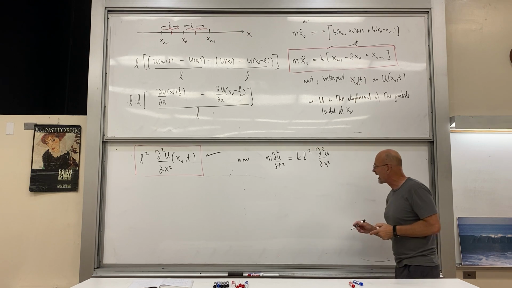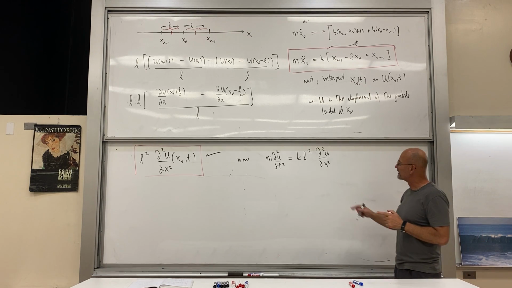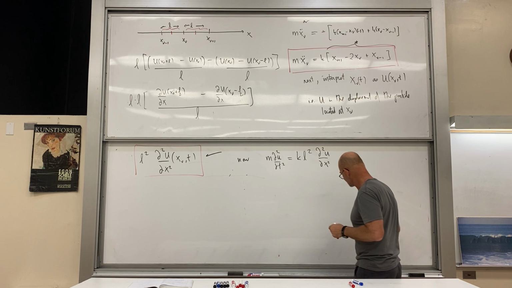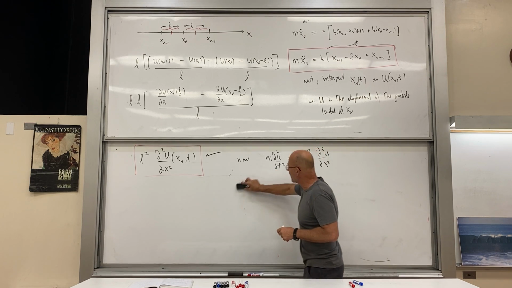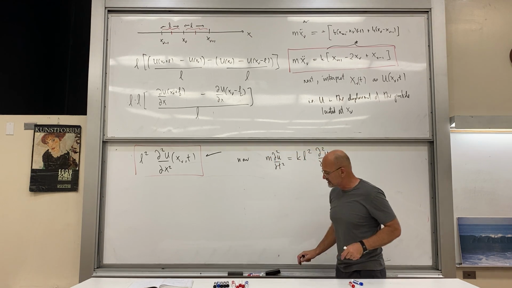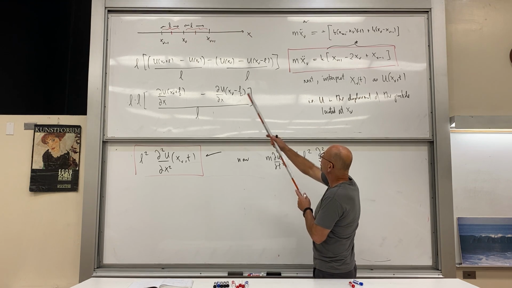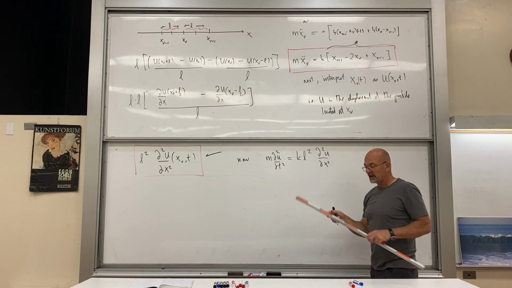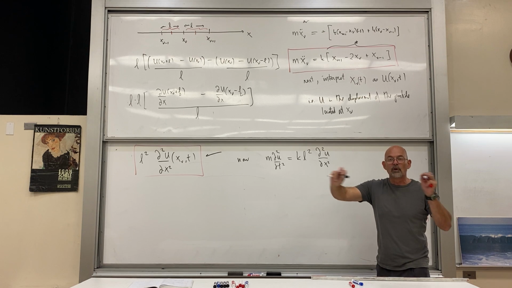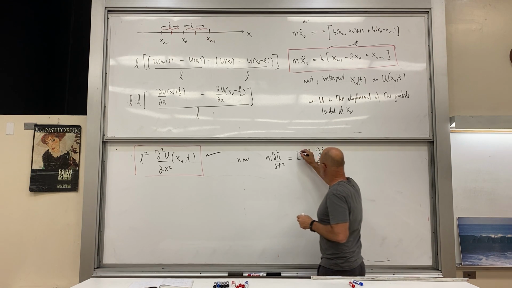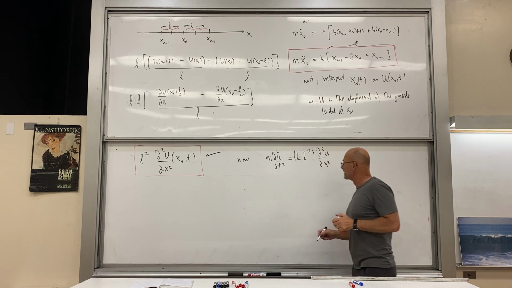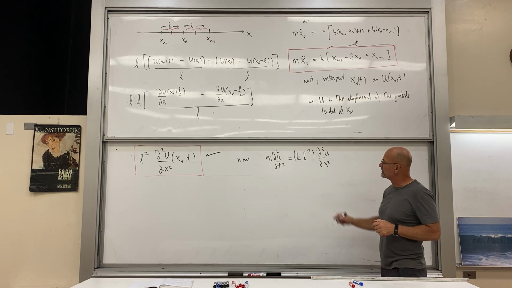Now the question is, how do we take the limit as L goes to 0? That appears to be a bit of a problem, because we want to make the spacing between those masses go to 0 as we redistribute the mass uniformly along the chain there. So we have to take L goes to 0.